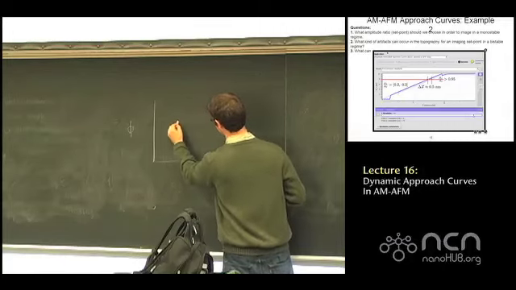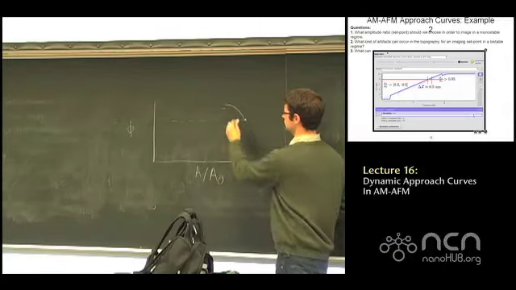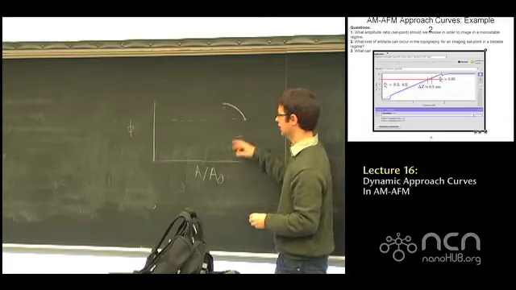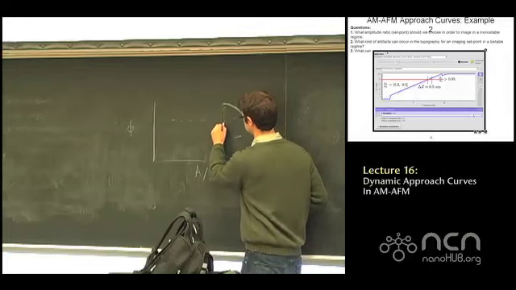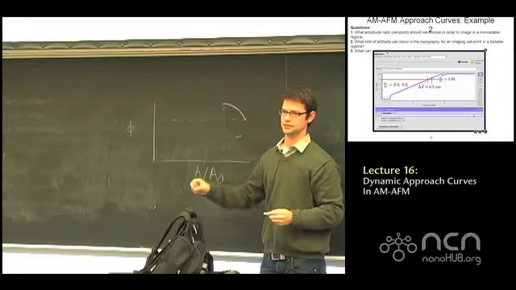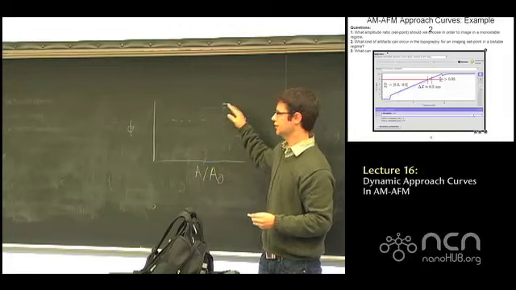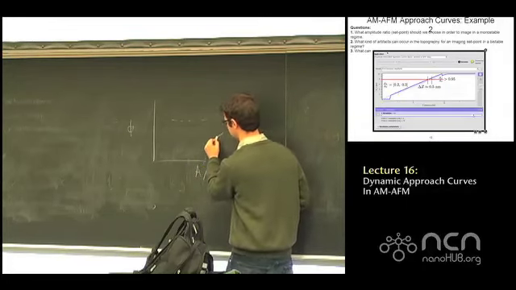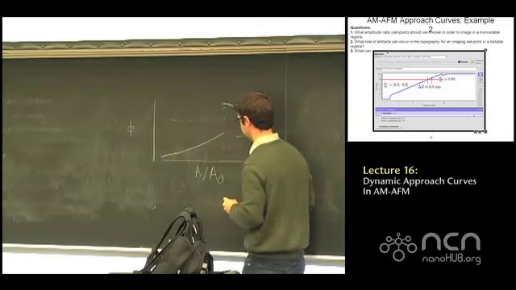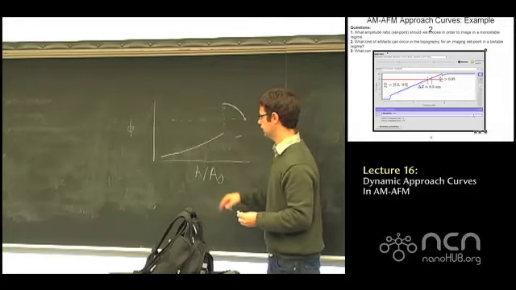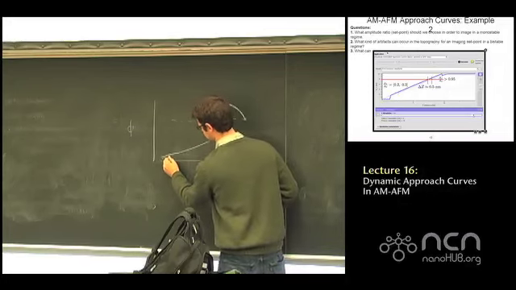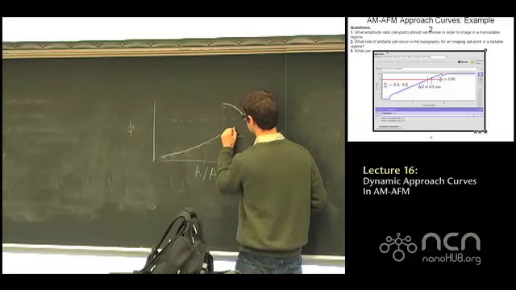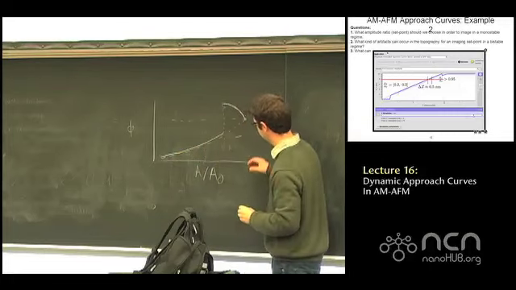Initially it'll increase in the attractive regime, and then there's a jump at some point where we touch the repulsive forces too much, and we jump off the attractive regime oscillations down to a repulsive regime. And then on retraction, let's say in dashed line, it will follow something like this.